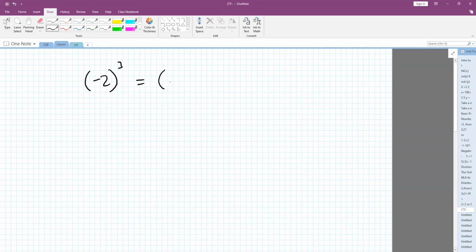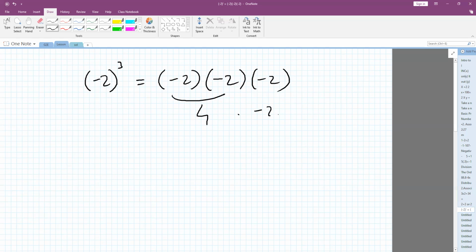Very good. Actually, that's the right answer. This means -2 times -2 times -2. When you multiply -2 and -2, that gives you 4. Then you multiply with another -2, which is -8, because a plus times a minus gives a minus.